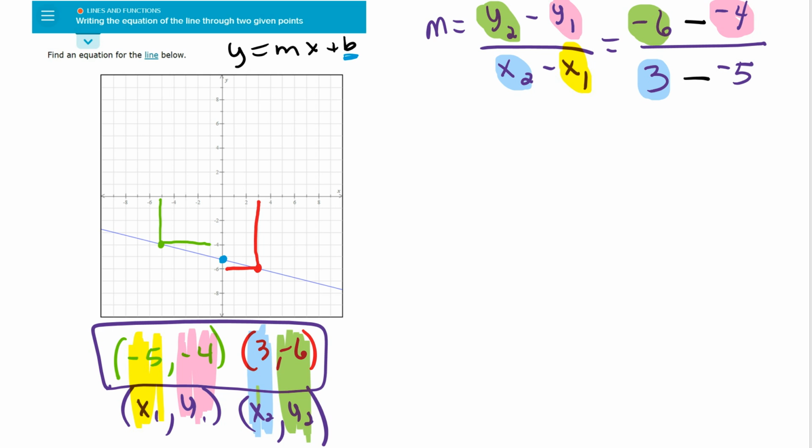And -5 was in the yellow. So I put all the right numbers in all the right places.